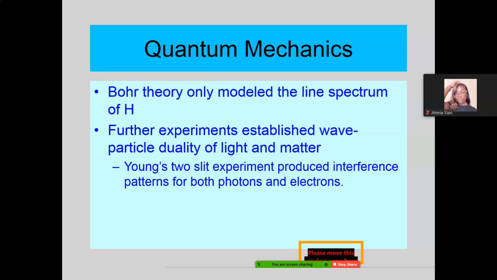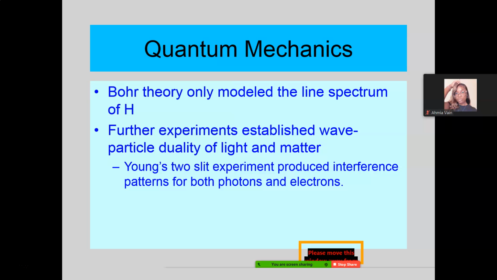The Bohr model, Bohr theory, unfortunately, only modeled the line spectrum of hydrogen. Did a great job of that, but it didn't work for anything further. So they had to do further experiments, and they wound up with something they really weren't expecting, I don't think: the wave-particle duality of light and matter.